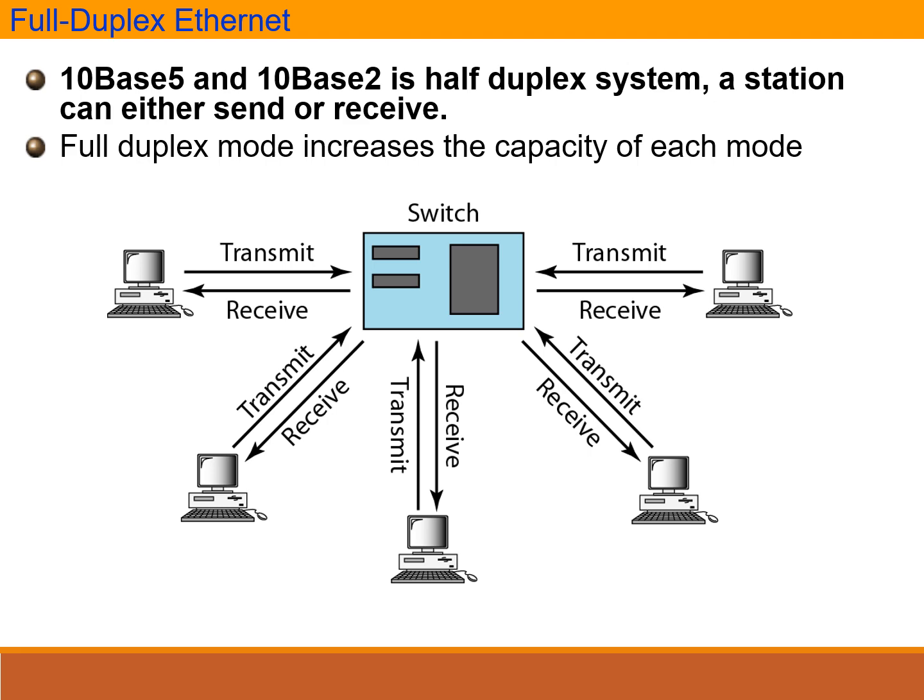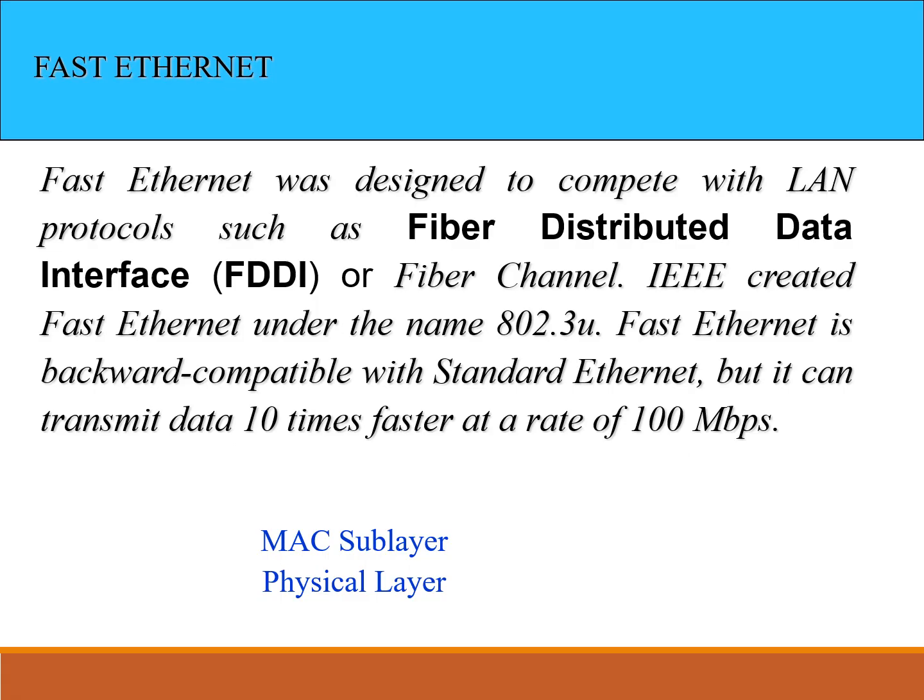And the next one we are going for fast Ethernet. Fast Ethernet is backward compatible with standard Ethernet. In this we upgrade the data rate to 100 Mbps, keep the same 48-bit address, keep the same frame format, make it compatible with standard Ethernet, and keep the same minimum and maximum frame length also.